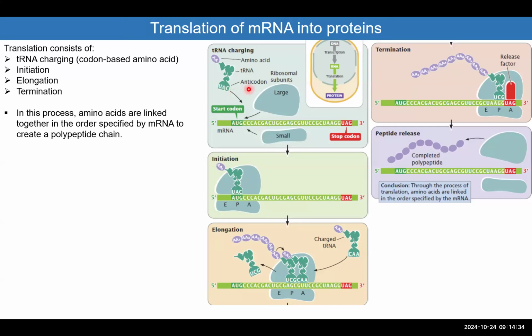The first anticodon, which is complementary to the AUG, is going to carry the methionine. It binds, and then the process of translation starts.